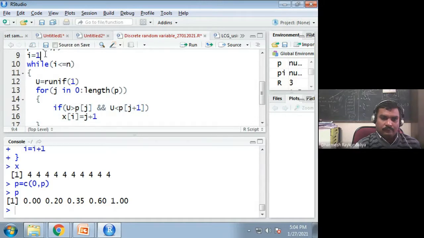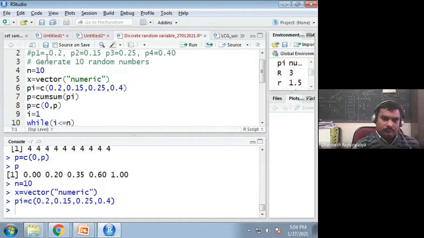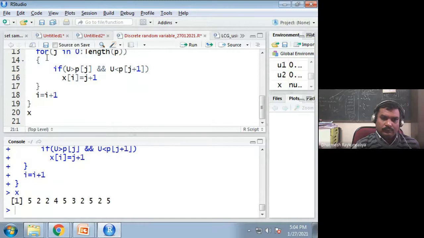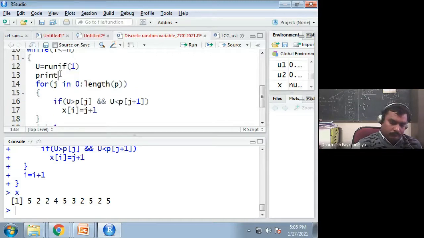Let me check. Okay, so it has generated this random number, but is it correct? For that you can give print u.